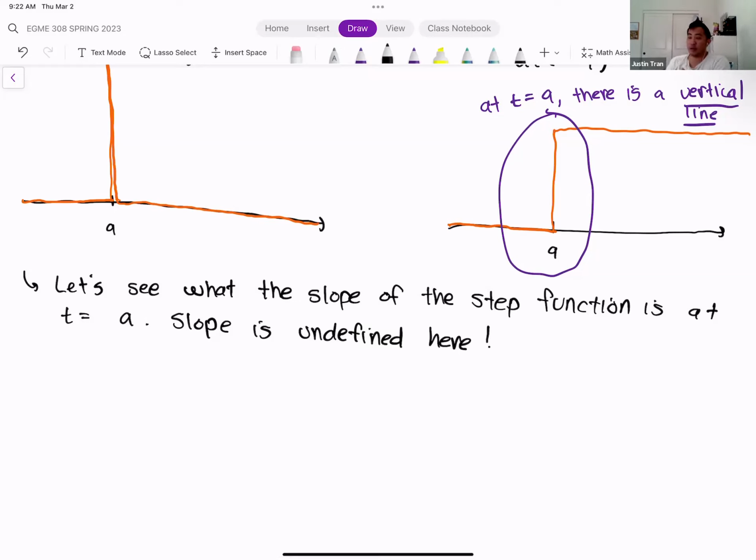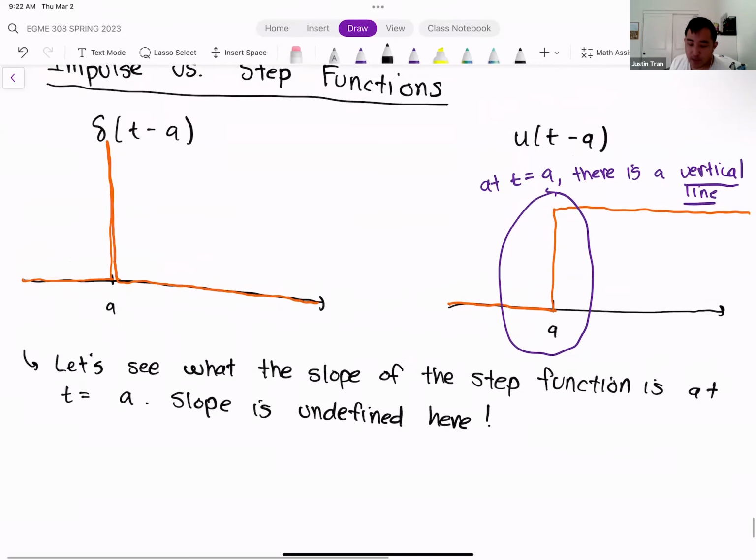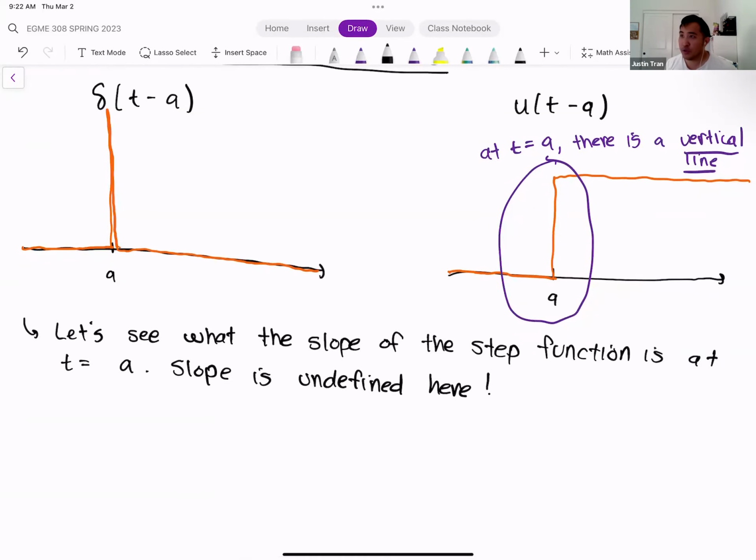And so that's interesting, because for that reason, some people call these step and impulse functions engineering functions. They have very weird properties that don't really follow the rules of a lot of math. And for most functions, you're not going to have a vertical line like this.